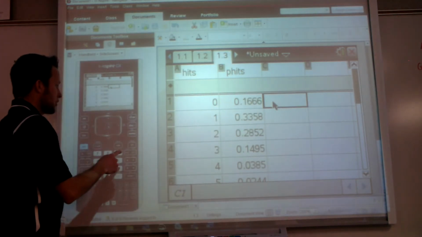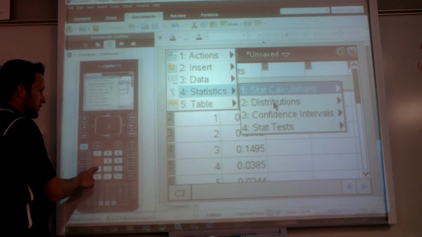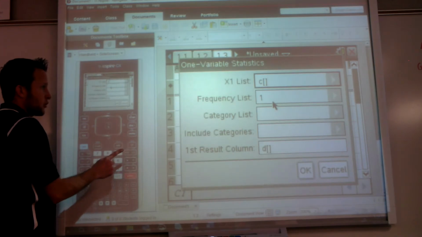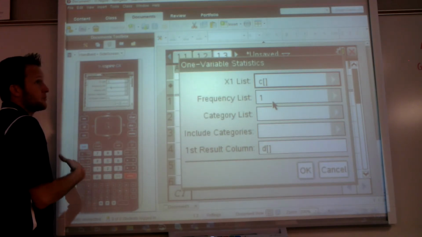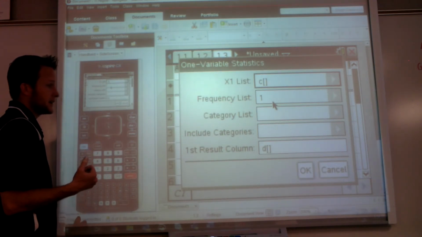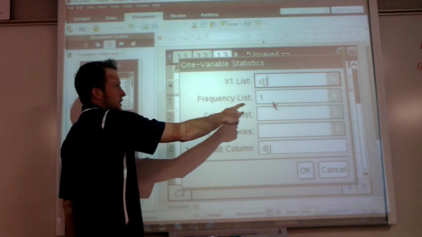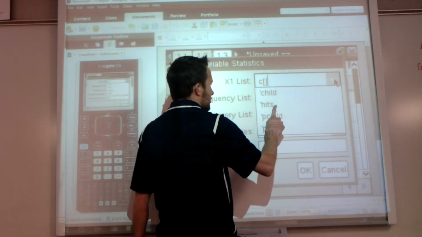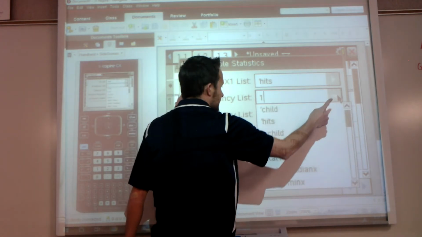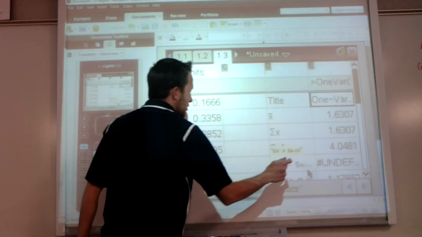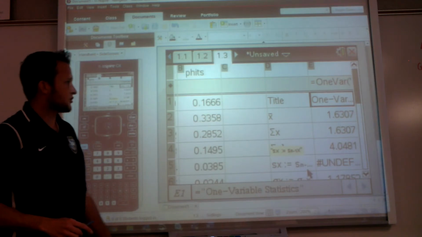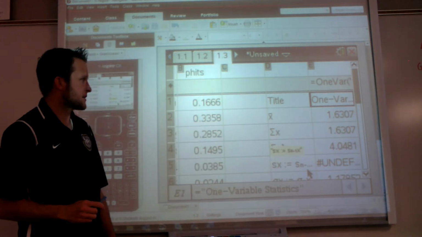So now we're going to go through and do Menu 411. Remember, we're only doing one variable, it's just the frequency or the probability of those, each value changes, so we have to add a frequency list. So we're going to do hits and the probability of those hits, and push OK. And that's going to give us the mean is 1.63.